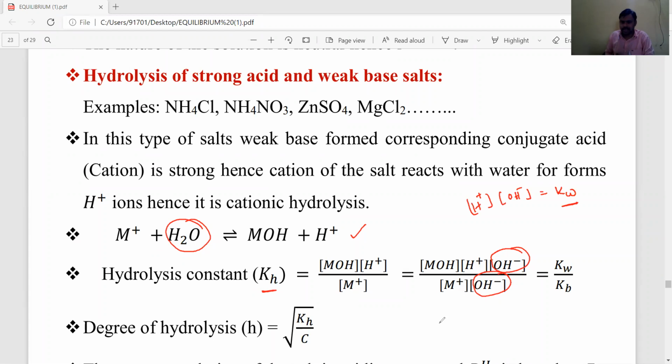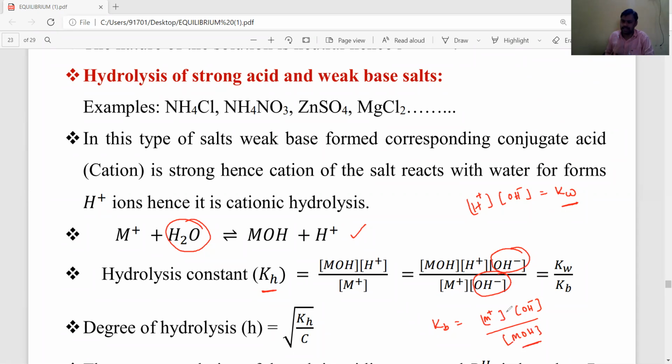Next, Kb, the ionization constant or base dissociation constant for weak bases. We already know the formula, dear students. It is M+ times OH- divided by MOH, where I consider the base as MOH.